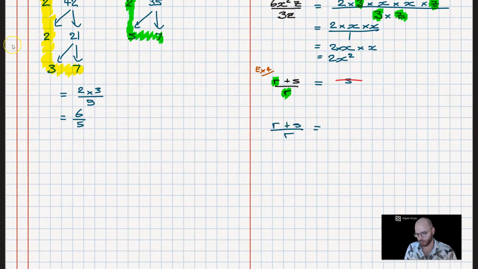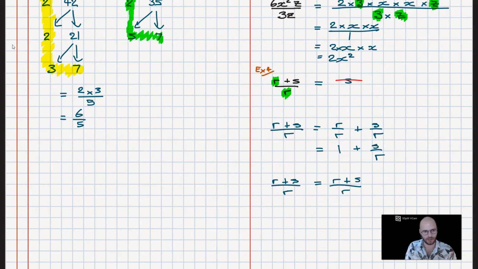Rather, if we want to simplify this, we can break the numerator apart and go r over r plus s over r, and then that would become 1 plus s over r, or we can just simply leave it in its simplest form, r plus s over r. So with this one, we cannot do any further.